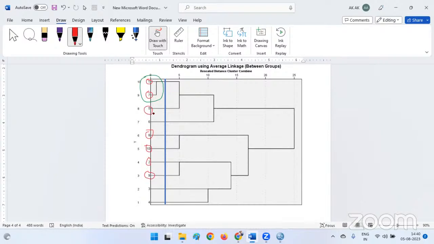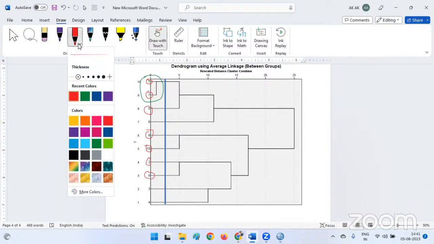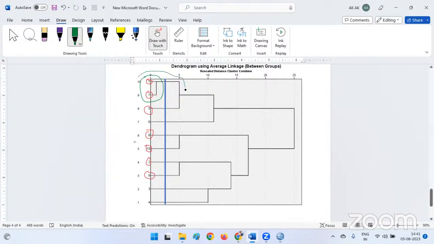So we have now 3 clusters. Earlier we had one cluster. Other data points were individual data points. Now this first cluster has become this one with 3 points. This is the second one where 8 and 10 are meeting. And this is the third one.